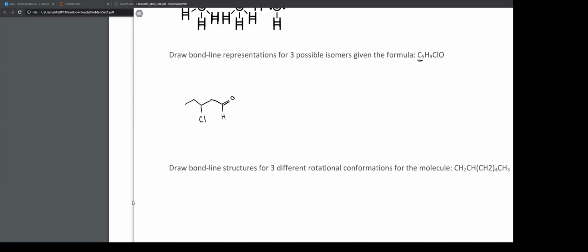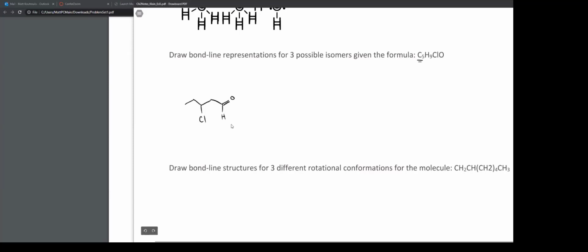Let's make sure this works. How many hydrogens? So here there are 3 plus 2 is 5 plus 1 is 6, plus another 2, 2 is 8 plus 1 is 9.